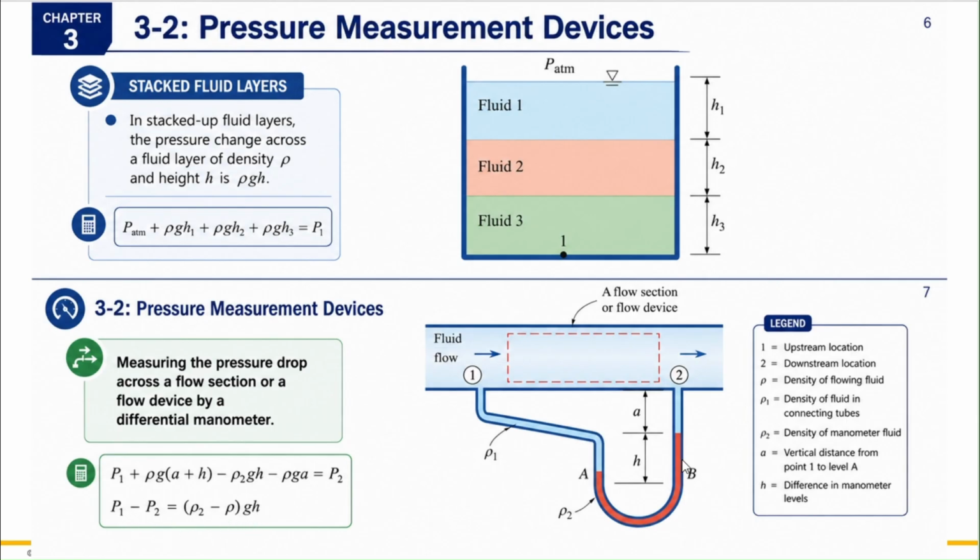That's how this device becomes very convenient, because the density or specific gravity of both liquids is already known, and you do not need to know the pressure at 1 and at 2 at all. By just looking at the reading, how much they differ, we can directly estimate the pressure drop. So it's a very beautiful, convenient device.